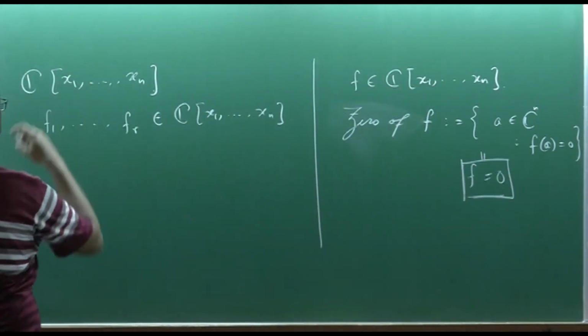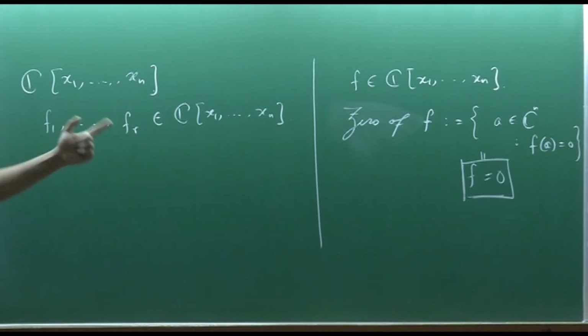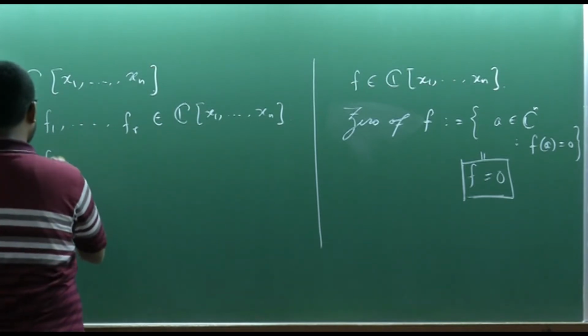Now take any finite collection of polynomials in this polynomial ring and look at its common zeros.